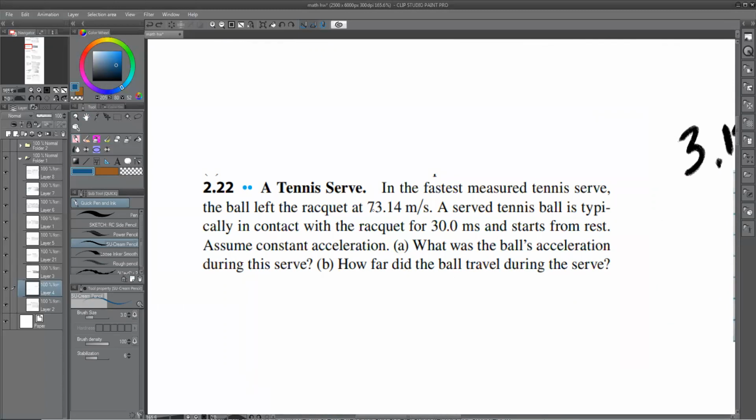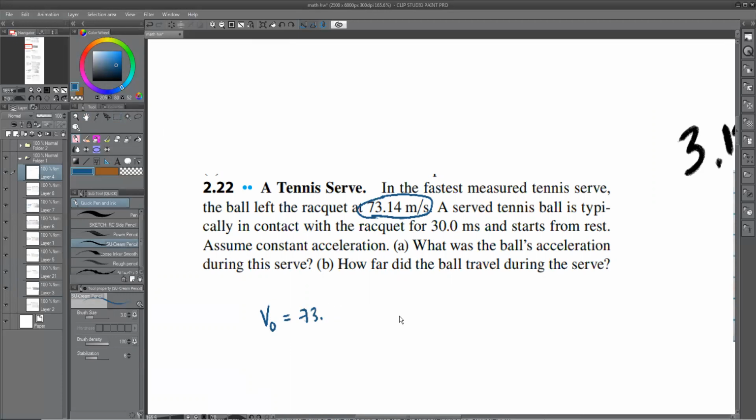So if I look at this question, I already have these values. Here, this is the velocity. The ball left the racket at this, 73.14.